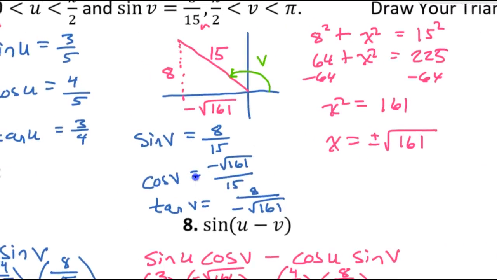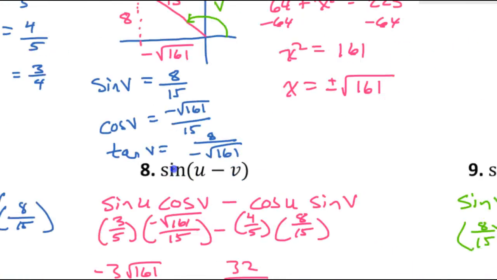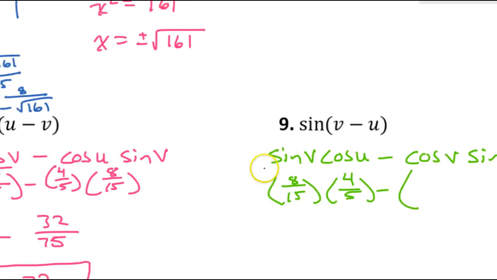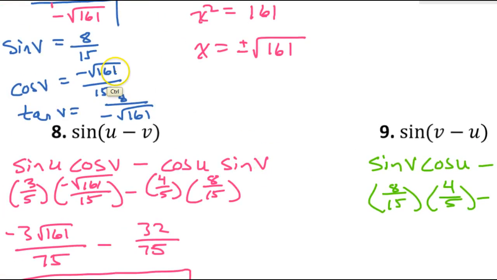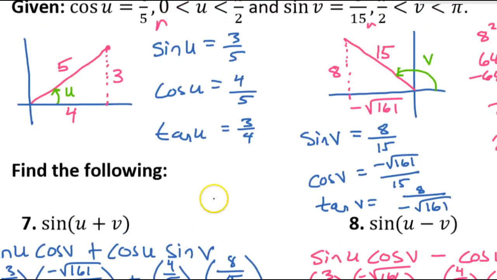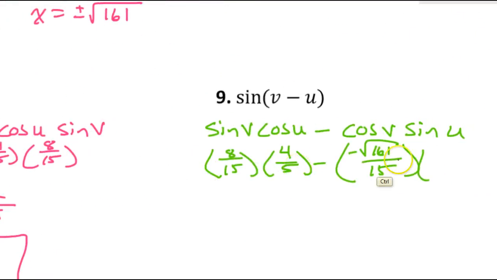Cosine u is 4/5. Cosine v is negative radical 161 over 15, and sine of u is 3/5.